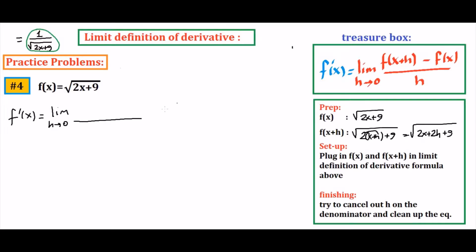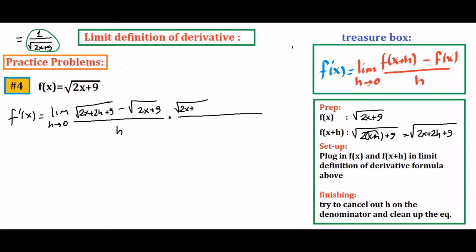Now we can place f of x + h and f of x in our limit definition of derivative. So we have the square root of (2x + 2h + 9) minus the square root of (2x + 9), all over h. For this type of limit, we're going to multiply both top and bottom by the conjugate of the numerator, so we can rationalize these square roots.